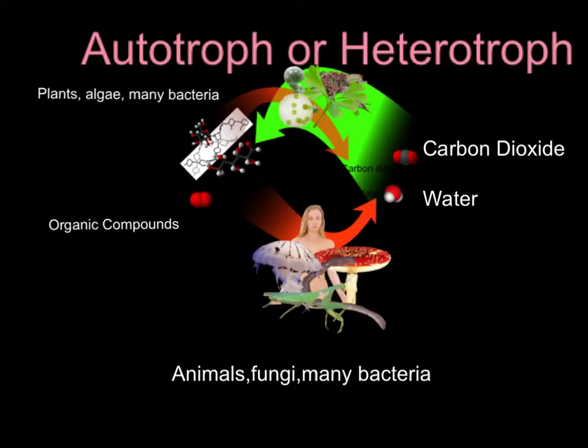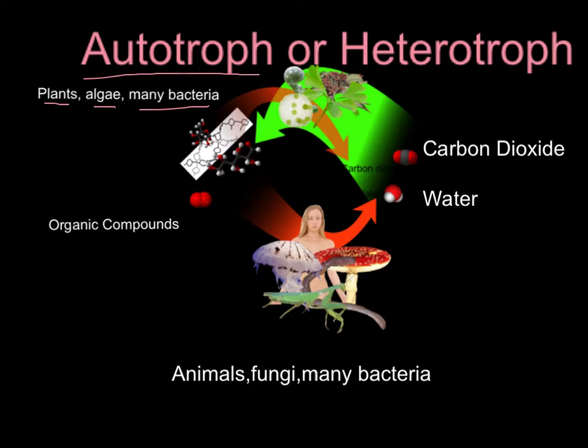Organisms are divided into autotrophs and heterotrophs according to their energy pathways. An autotroph, in other words plants, algae, and many bacteria, are self-feeders, also called producers.